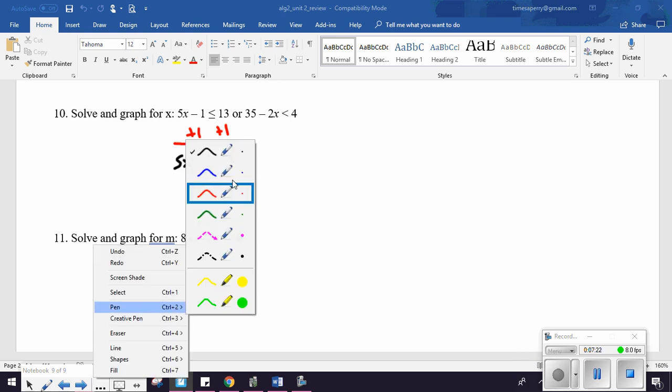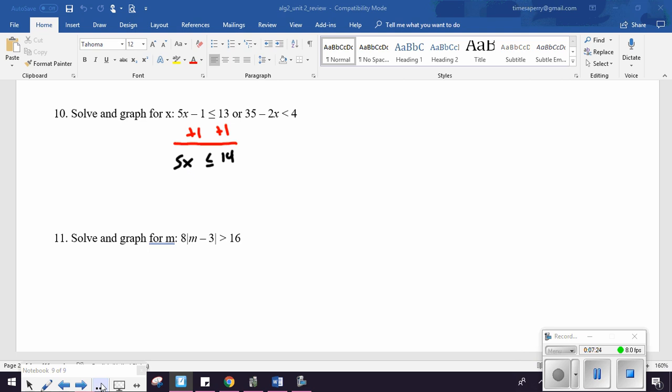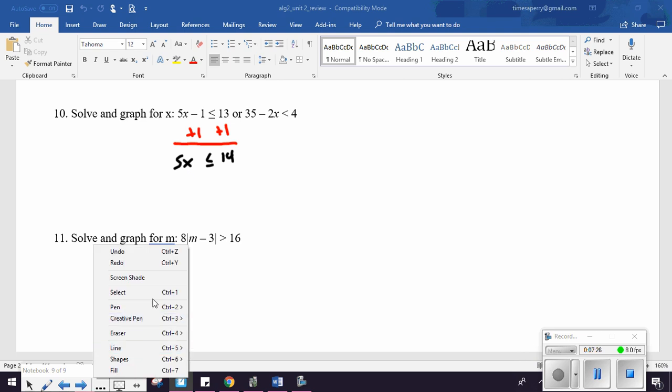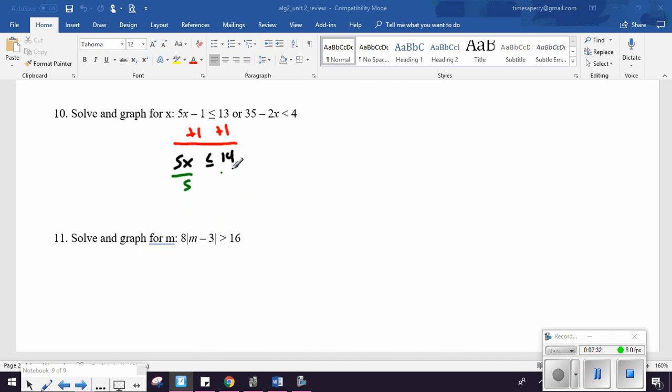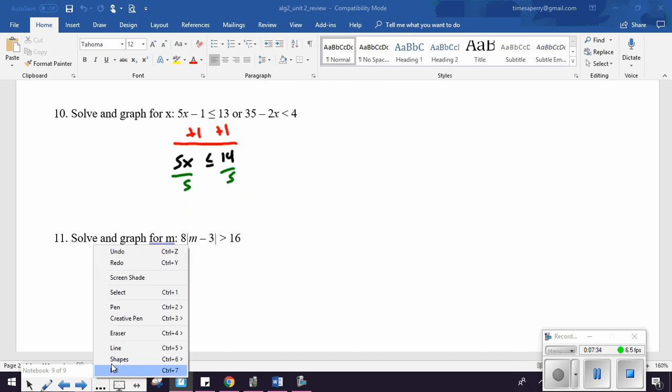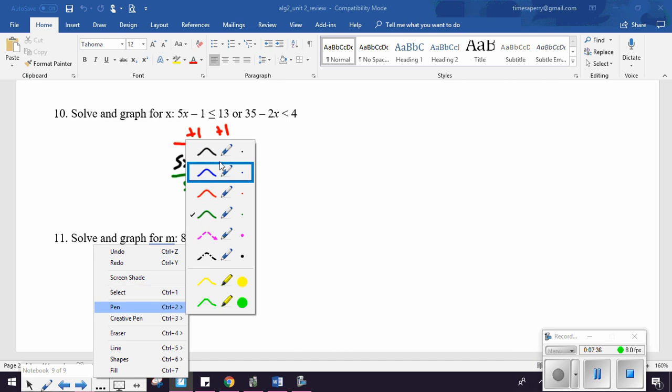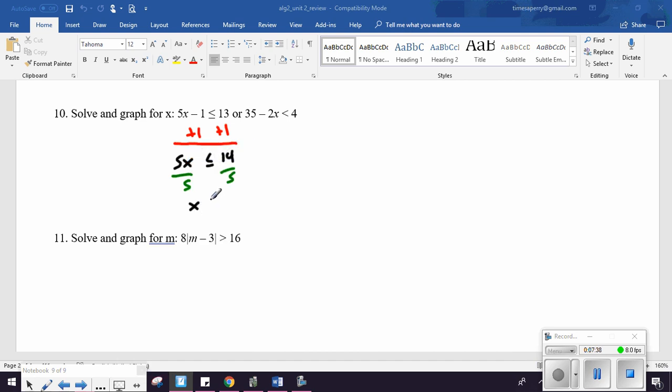Then you divide both sides by 5. And you would get x is less than or equal to 14 over 5. Just because they say or doesn't mean you get a choice to solve one or the other. You still have to solve both.